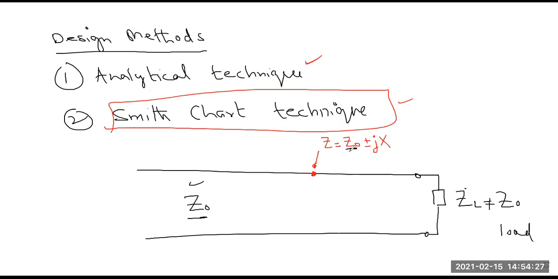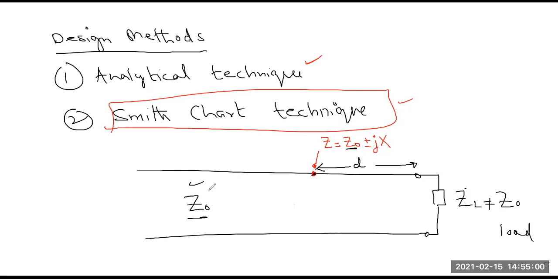I am more interested in the real part of the impedance at this point. My requirement is that I need to find a point where the real part is equal to Z naught. Let's assume that this is the point. We will later talk about how you will find that point, but right now this is the point at which you will connect your stub. So this is going to be D.